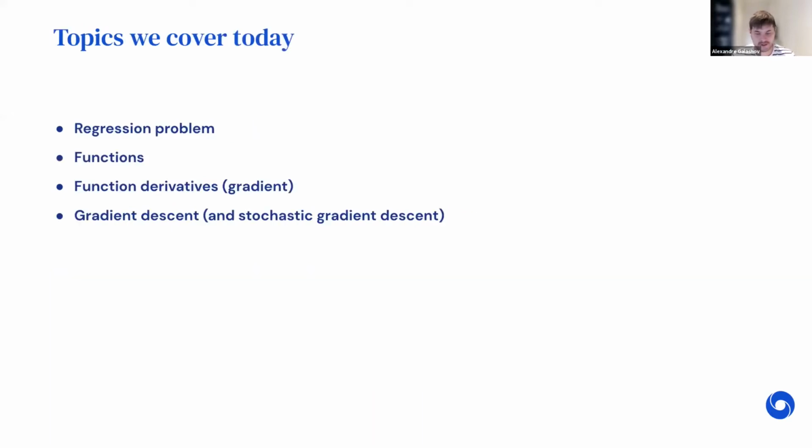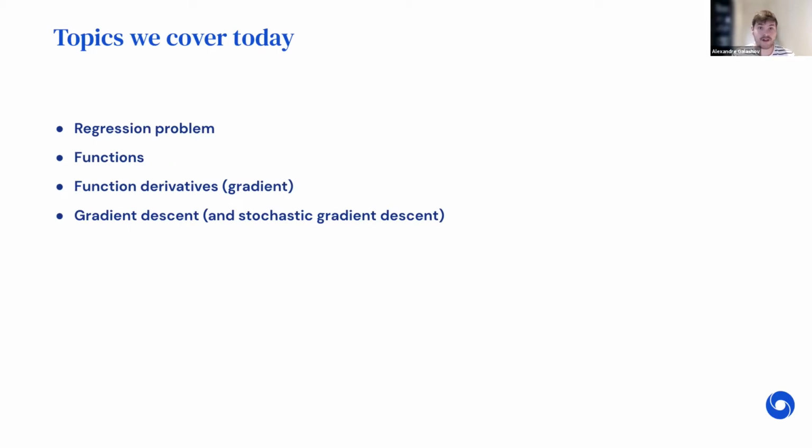So the plan for today is the following. I'm going to cover, very quickly, what is the regression problem in machine learning, which will be used as a motivational example for why you would need some of the mathematics you need to know for machine learning. Then I'm going to quickly cover the concept of the function and why we need that.